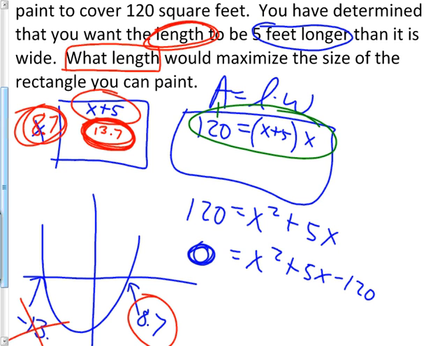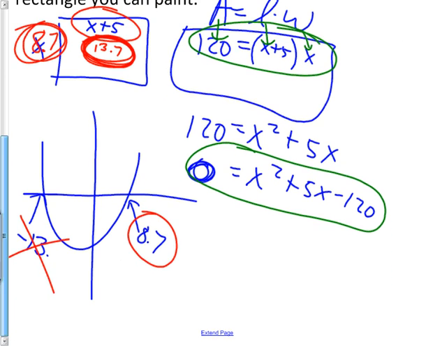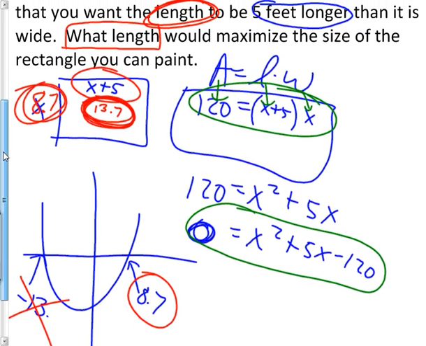We stuck in the area was 120, the length was this, and the width was that. And then you'll have to solve it. A lot of times they're quadratics. Once you're done with them, a lot of times you have two answers. One of the two might not work. And of the ones that does work, you got to make sure you actually answer the question they gave you. What length? So we wanted this answer, not that one.